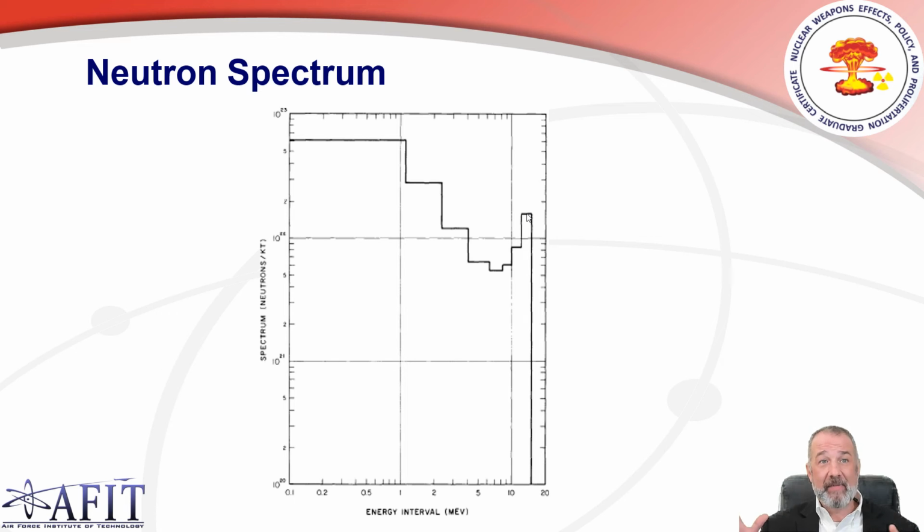So we have these two different energy spectrums. The one we really are concerned about when we're talking about radiation exposure to prompt neutrons is much more concerning, because these neutrons are going to travel a much further distance away from our detonation point than we would see if there was no fusion component.